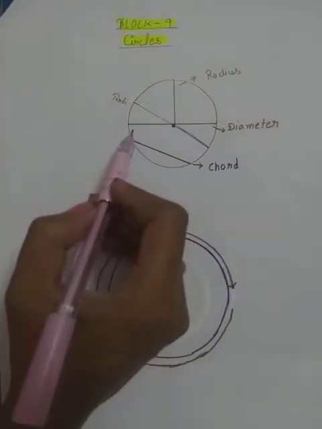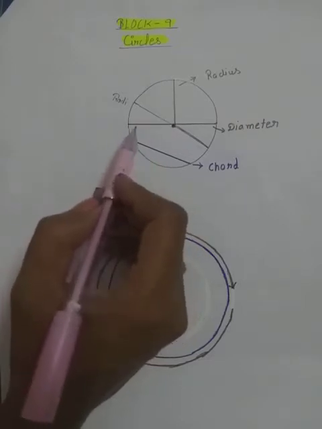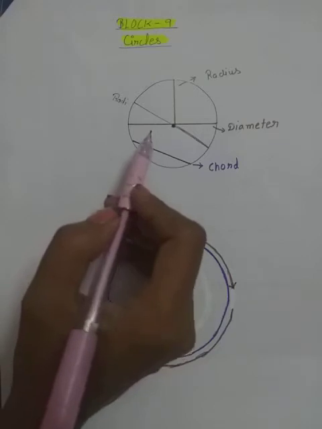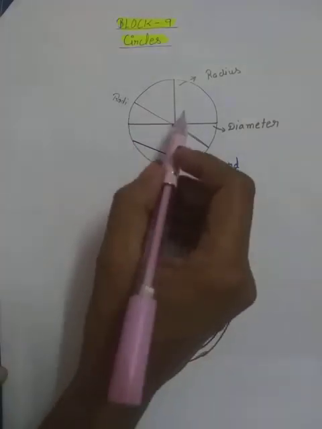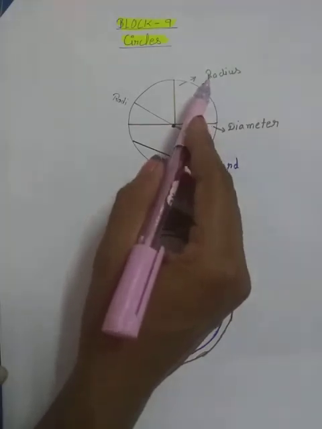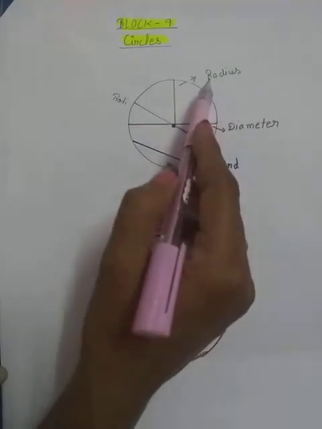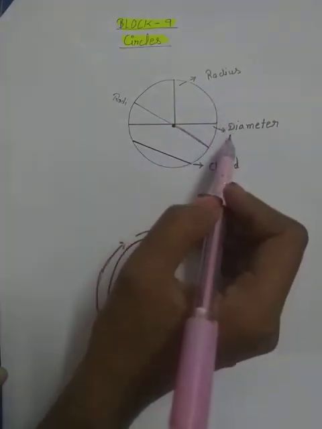Next we have the diameter. What is this? The longest chord of a circle. The longest chord, that means double of the radius, is also called the diameter.